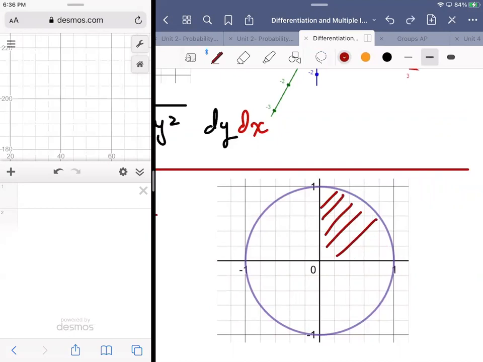But when you're dealing with it in polar coordinates, you're looking at rings. That's what we're really focusing on.